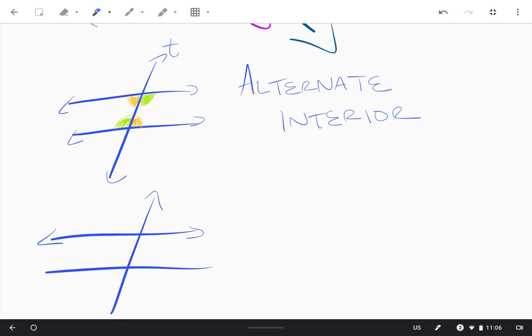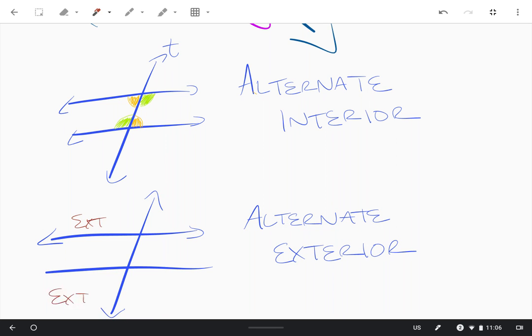So it begs the question, what does alternate exterior look like? Alternate exterior angles are going to be angles that are opposite each other, but in the exterior of the diagram. So this angle and this angle would be an example of an alternate exterior pair.